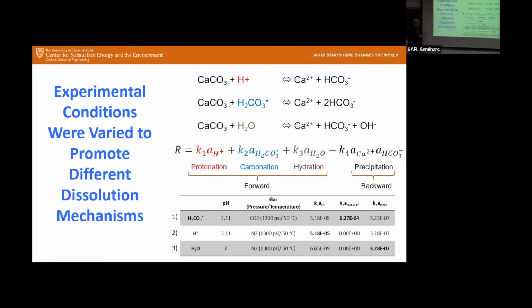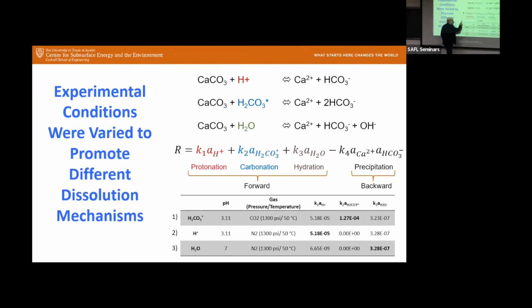So when you think about carbonate mineral dissolution, there are three mechanisms that people have proposed. One is that calcium carbonate, calcite, dissolves when it reacts with protons, and they promote that dissolution. The second is that carbonic acid promotes that dissolution. And the third is that water promotes that dissolution.